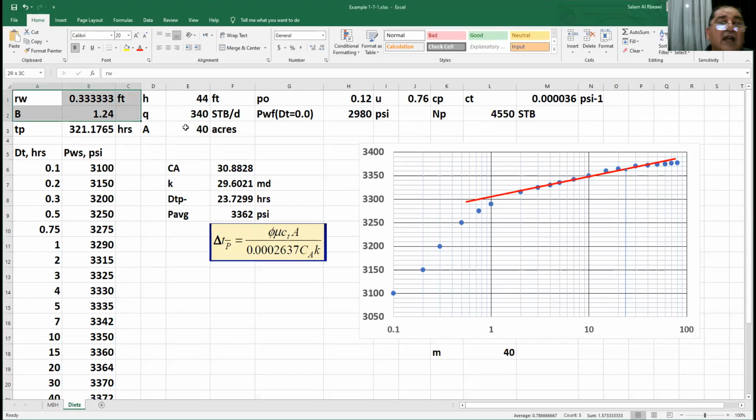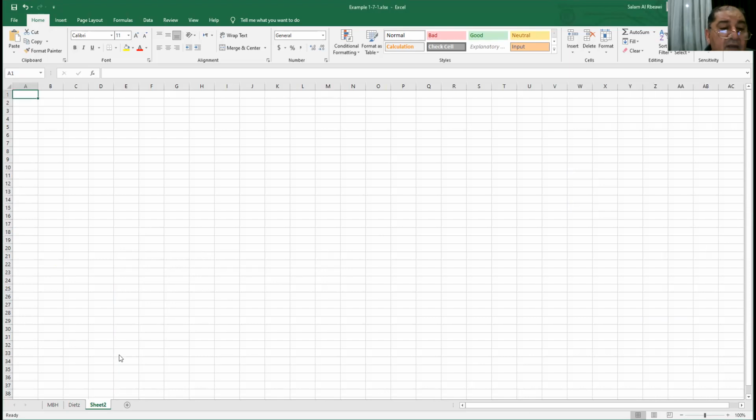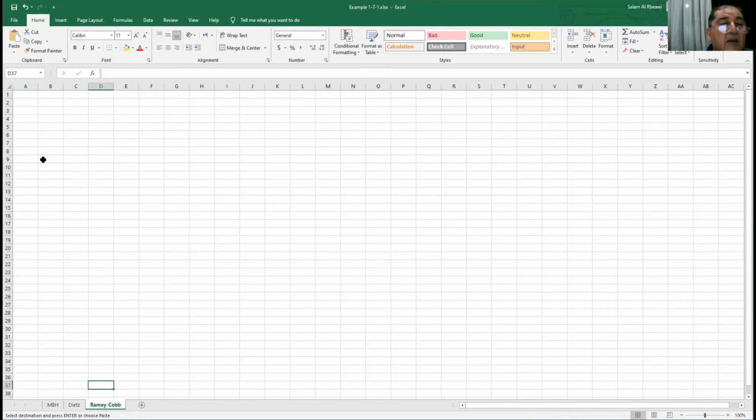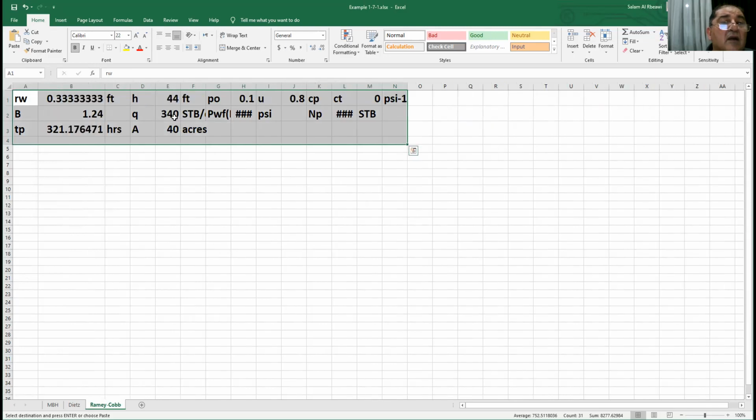This is the one. Let me open a new sheet and name it Ramey-Cobb. Okay, I am going to copy the data to this one.